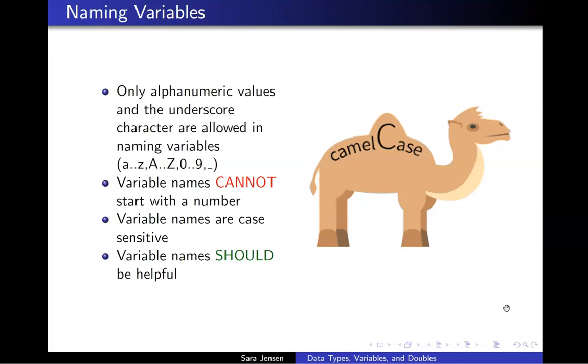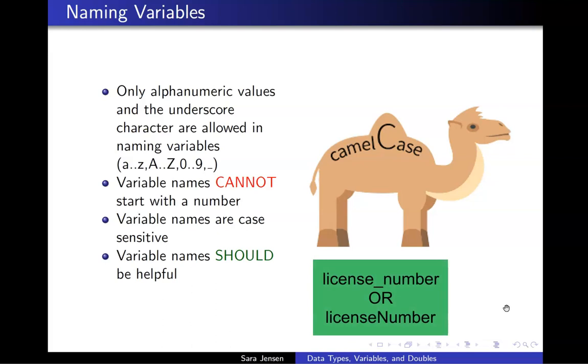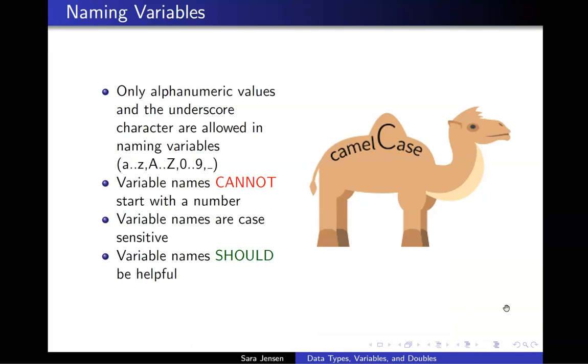It should be noted that when naming a variable something that includes several words, for example, license number, some people opt to use an underscore to separate the words license and number, while others prefer to use what's called camel case, where the first word, license, would be written in all lowercase text, but then the word number would begin with a capital N before writing the rest of the word in lowercase. And you can see a visual of that camel case expression over here.